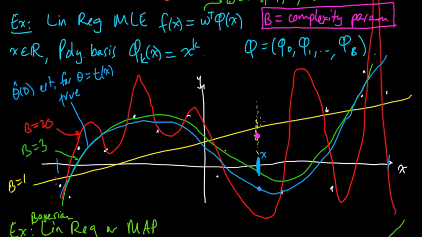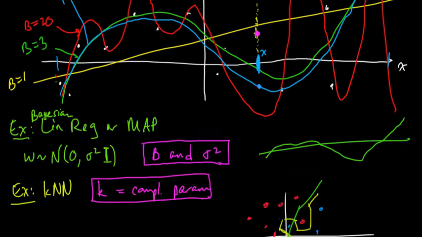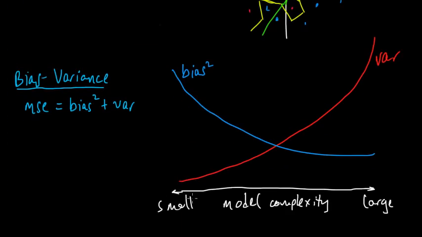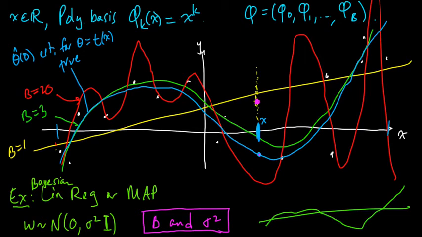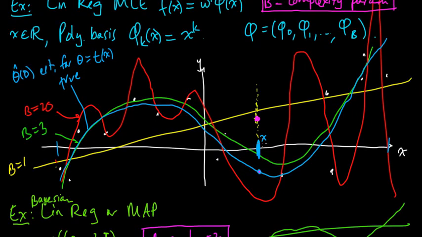So when b was small, this had high bias. So that was here. We had small model complexity, b was small, and we had pretty big bias, well, bias squared, to be precise, because we keep it non-negative. So bias squared was large. And now let's think about the variance.